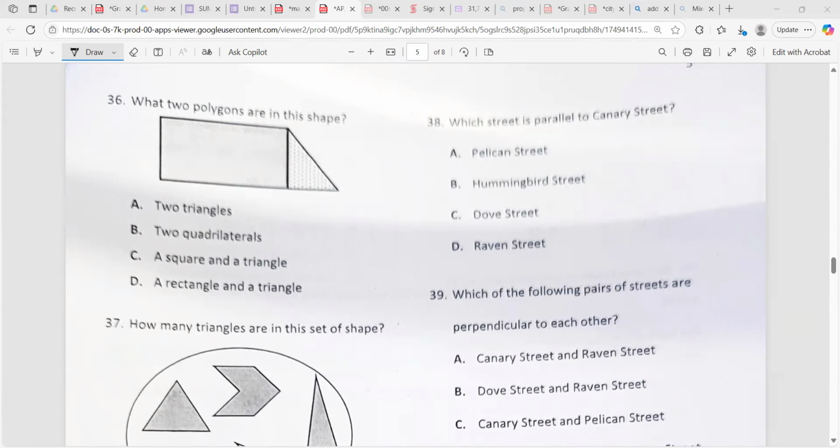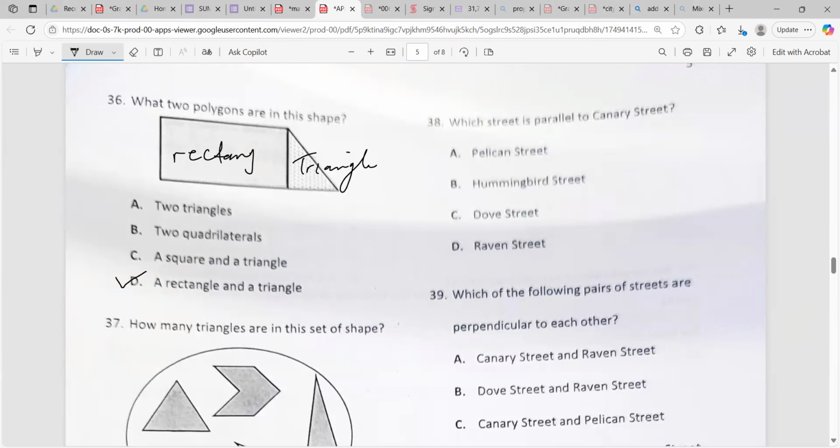And it couldn't be C because there's no square. The most suitable answer would be a rectangle and a triangle. I agree. Please put the number beside it, all right? So this one would be the rectangle, and this one is a triangle, right? Very good. Now let's move on to 37.